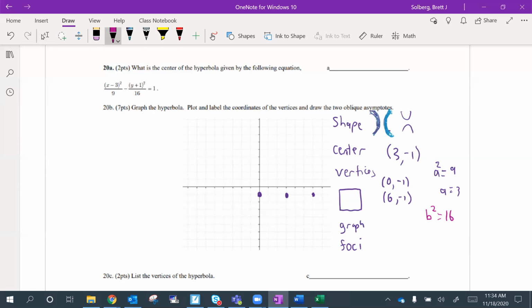Awesome. So we go 3 right or left, okay? What about up or down? Up or down, that's when you look at your y, and the square root of 16 is 4. Awesome. So from here, I'm going to go up 1, 2, 3, 4, down 1, 2, 3, 4, and then we just make a box out of that.